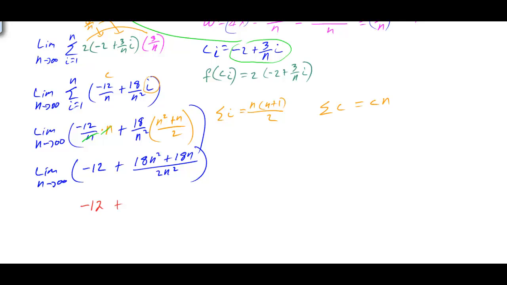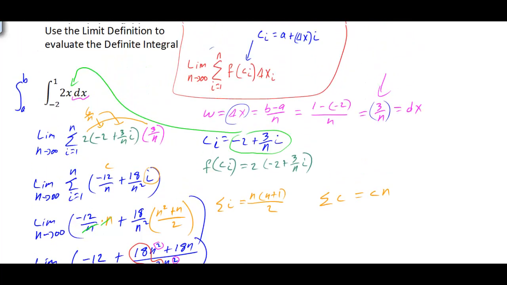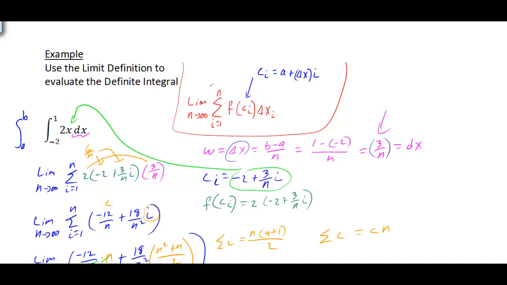Notice once again that we have the same exponents on the top and bottom. So we're going to take the ratio of the coefficients, 18 over 2, which would reduce to 9, and then negative 12 plus 9 equals negative 3. And therefore we have the answer to this integral.